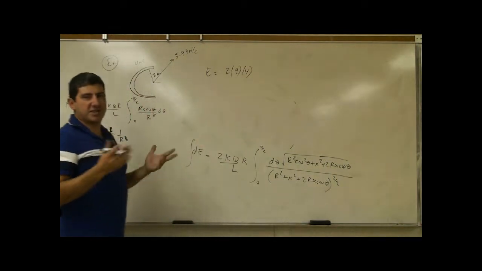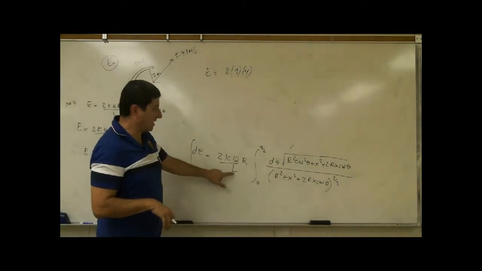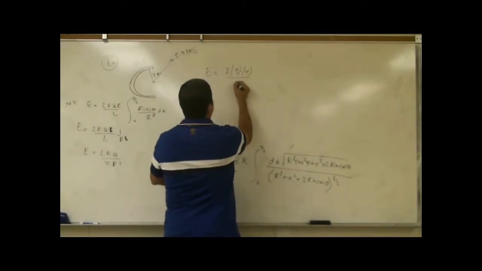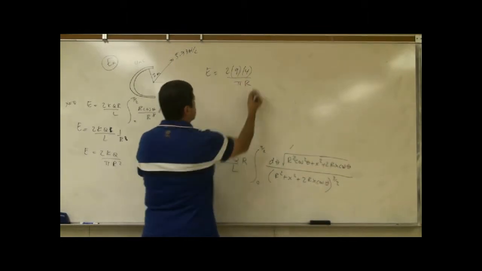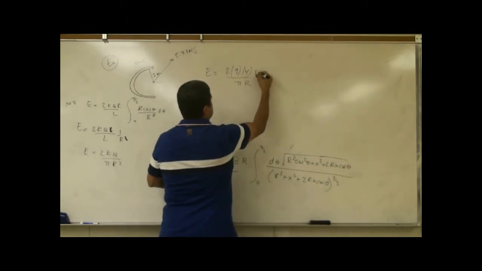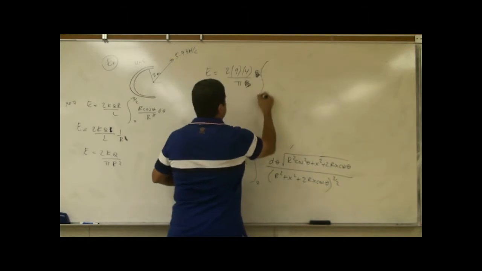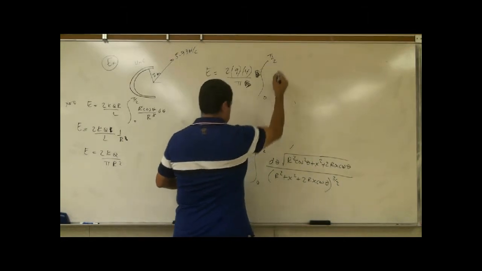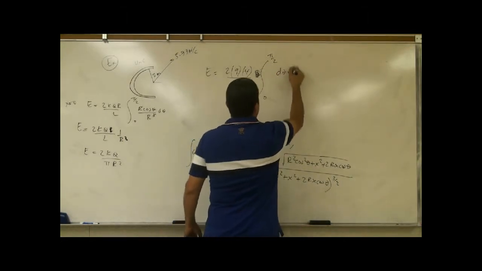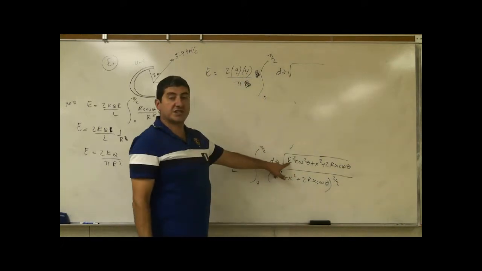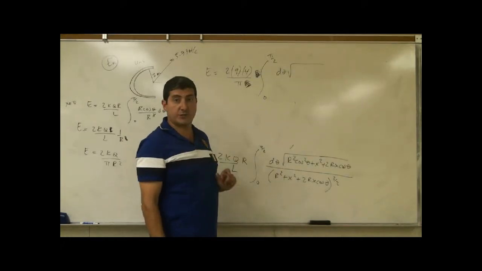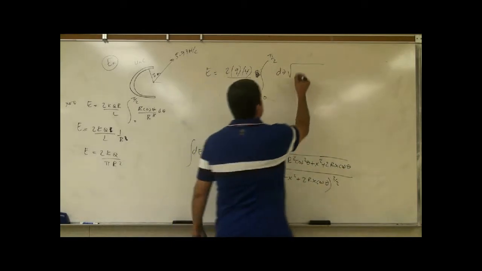So the nano and the 10 to the 9 cancels out. Then L is pi r. That will cancel out with the r here. Then you have the integral 0 to pi over 2, d theta, square root. I'm going to put radius is 2 meters. 2 squared is 4. So 4 cosine squared theta.